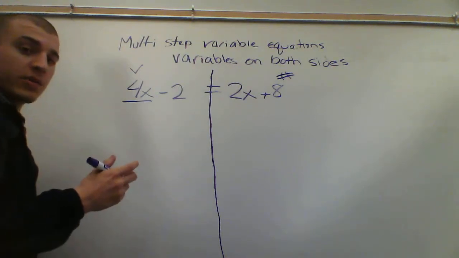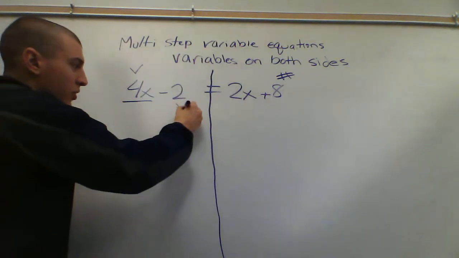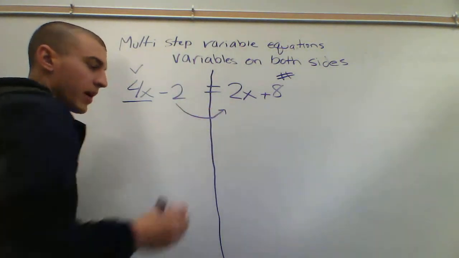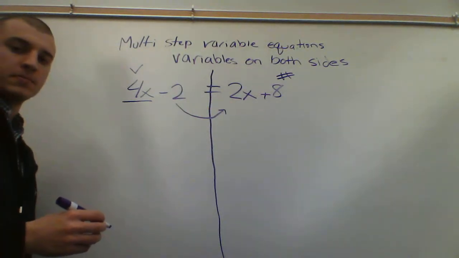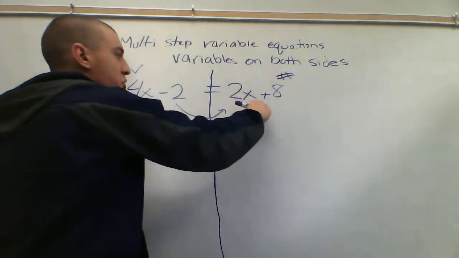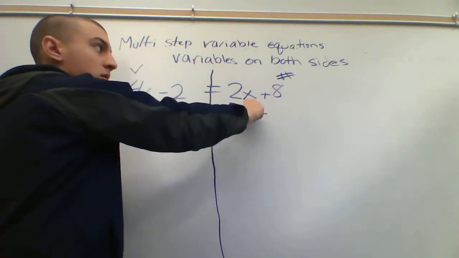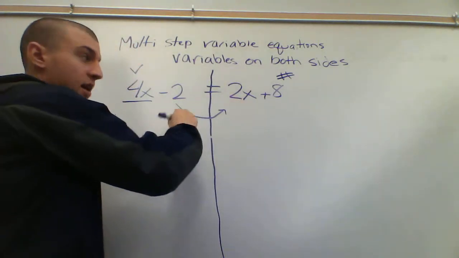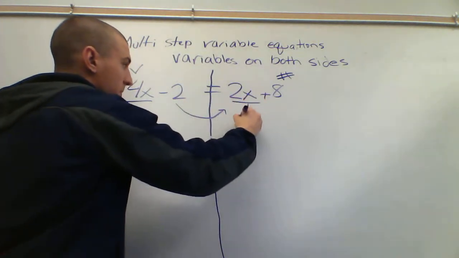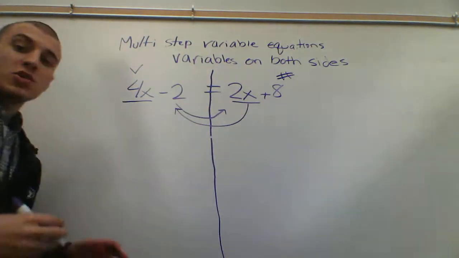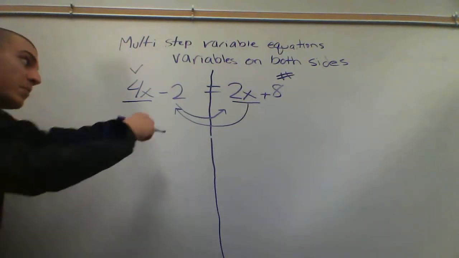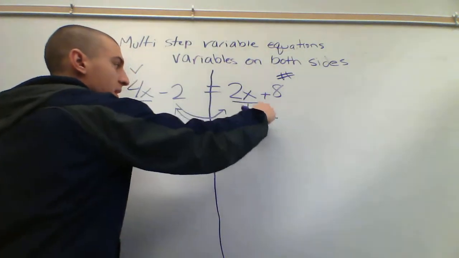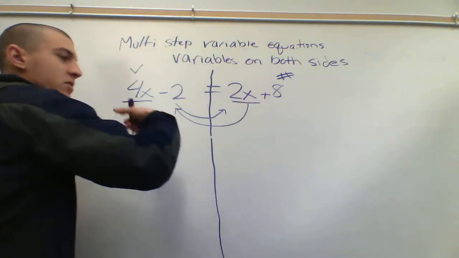That 2 is not on the right side, so we need to move this 2 over to the number side. Now over on this side we have a 2x. That's a variable, and it's on the number side, so we have to move it back over to the variable side. So that's how we're going to move things. We got to move this negative 2 over here, and we got to move this 2x over here.